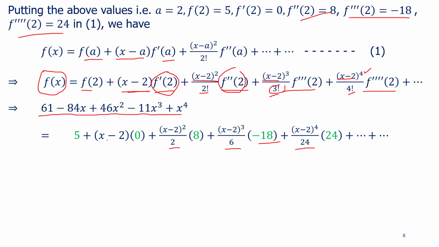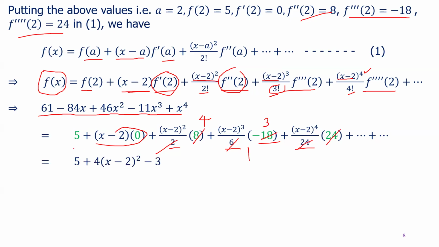Now if we simplify it, this becomes 0; 2 eights are 16 over 2 is 4, 18 over 6 is 3, and 24 over 24 is 1.